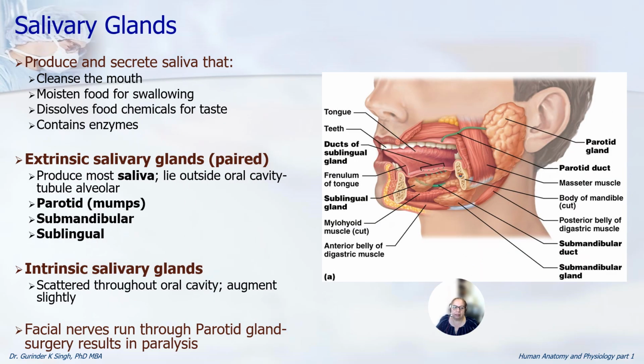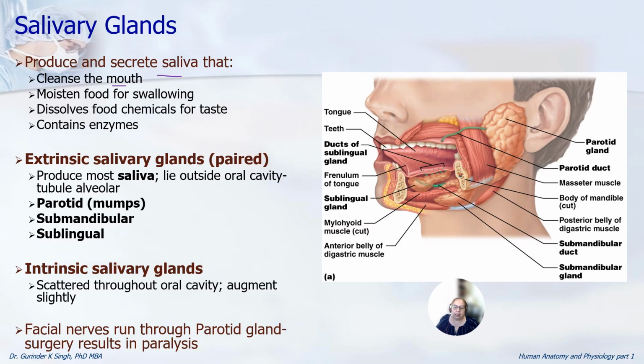So let's look at the salivary glands. The salivary glands secrete saliva. The function of saliva is to keep the mouth moist and clean, and it also moistens the food and decreases friction, so when we swallow it doesn't cut us.